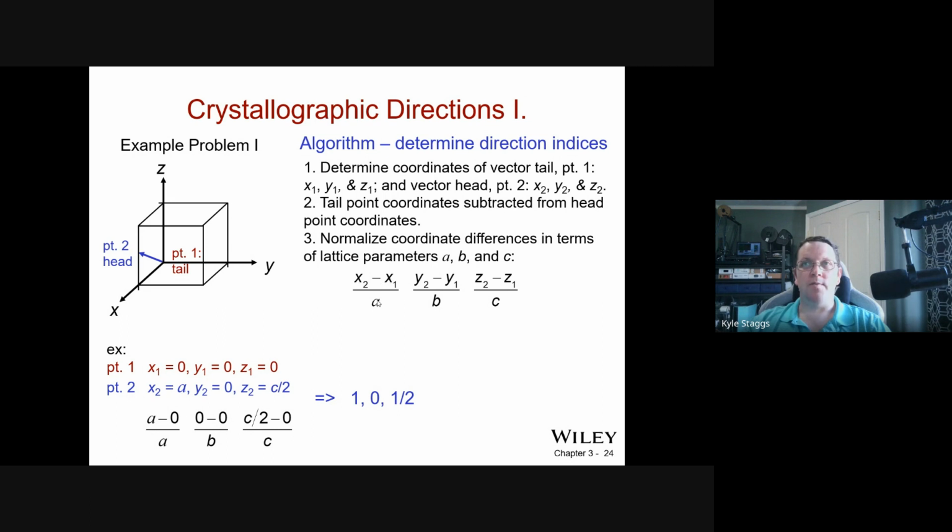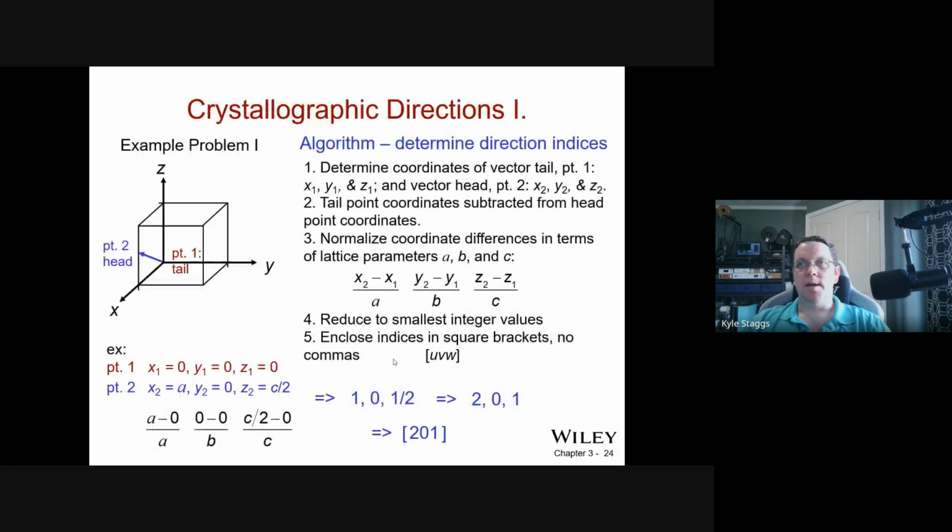X2 minus X1 divided by the length of a unit cell on that side. Y2 minus Y1 divided by the length of a unit cell on that side. Z2 minus Z1. This is just a simple difference formula. This is not rocket science. And then you reduce them to integer values, because for any of these indices, we need to have integer values.